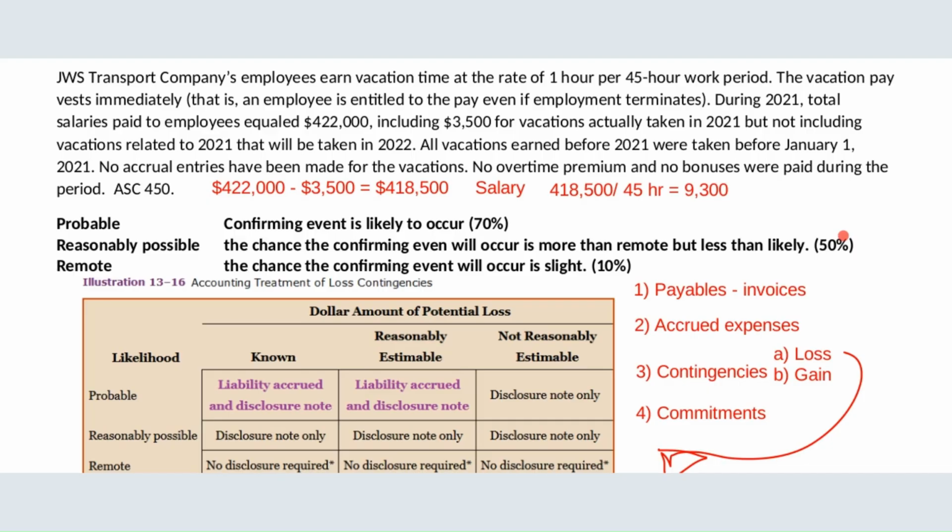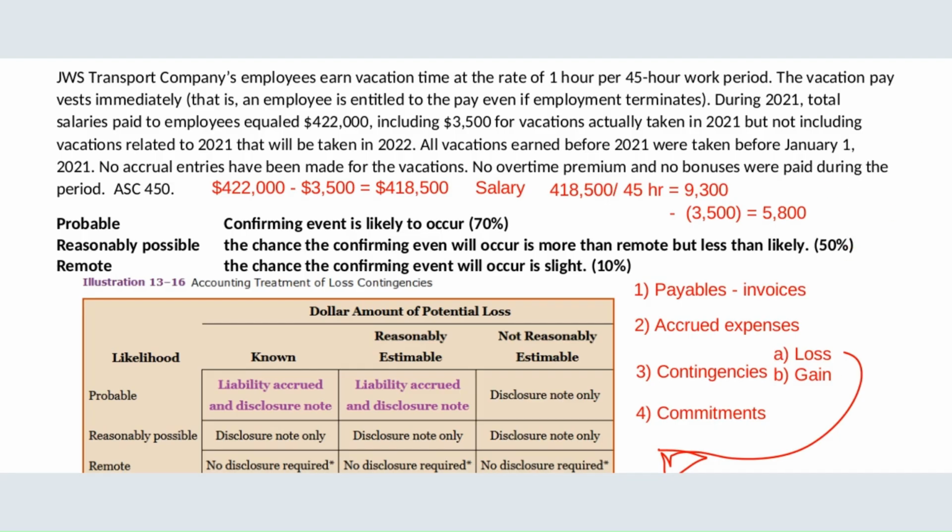We have already recorded 3,500 of it, so that means we are left with 5,800 to record. So we have 5,800 that needs to be accrued.